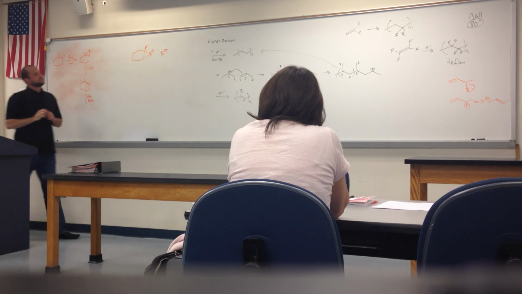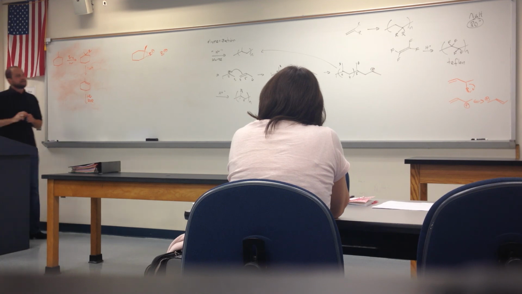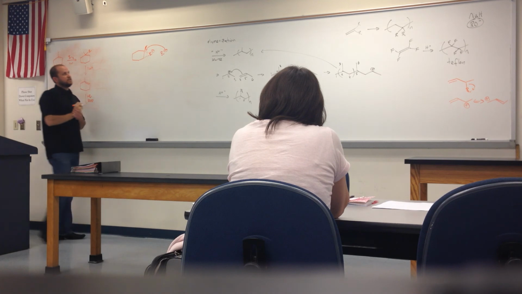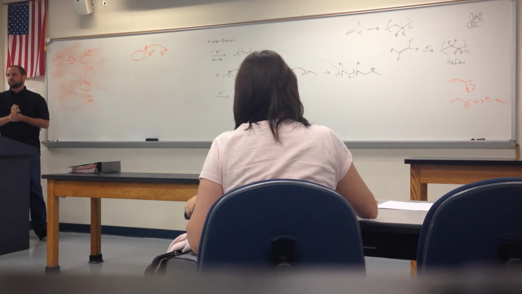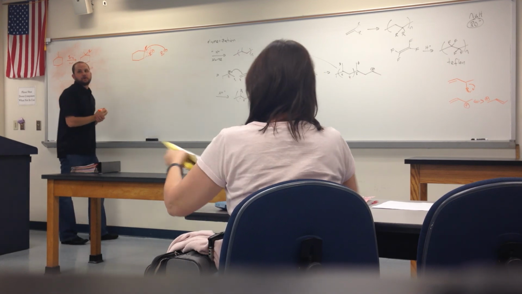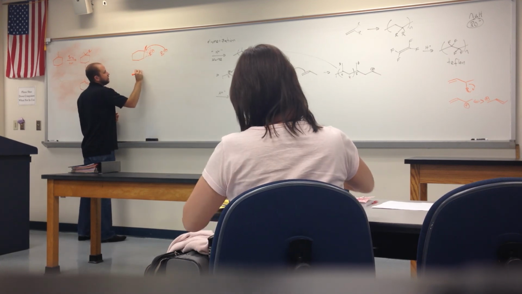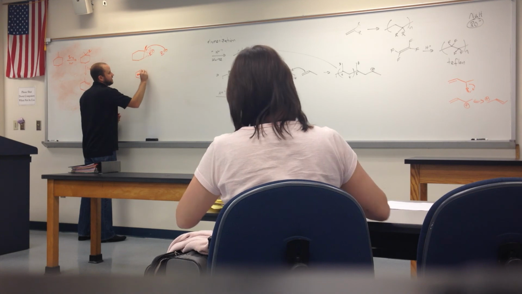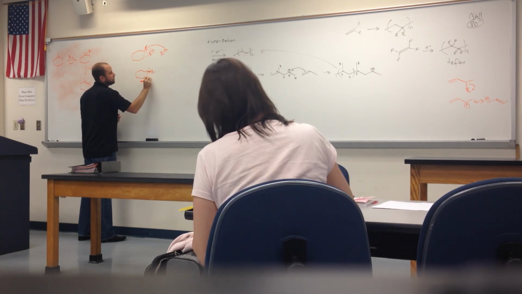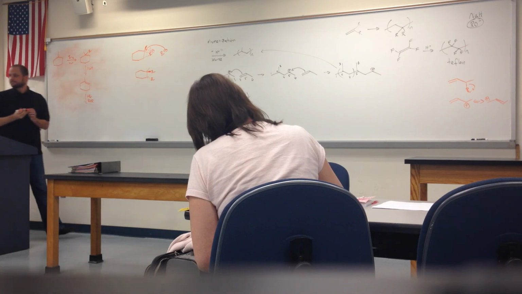So if you had this situation, the next arrow you would draw is attacking the more substituted position, electronic control. And these electrons going on to the bromine, and that inverts that whole center. So the methyl group that was up is now down, and this bromine is up.